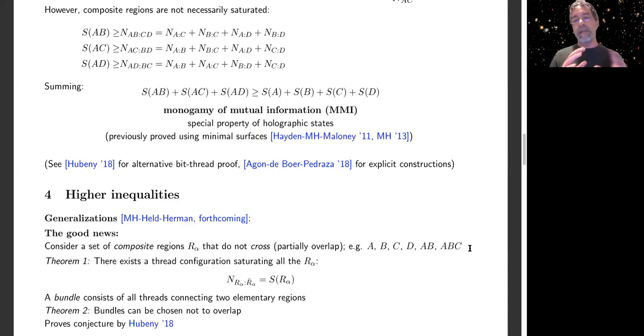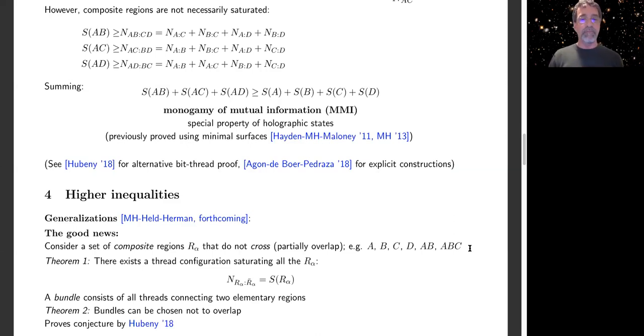So in such a bit thread configuration, you can make the bundle of threads that connects any pair of regions not overlap the bundle connecting any other pair. So that the AC bundle would not overlap the AD bundle or the BC bundle, etc.